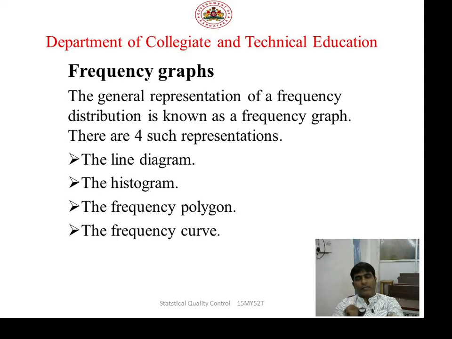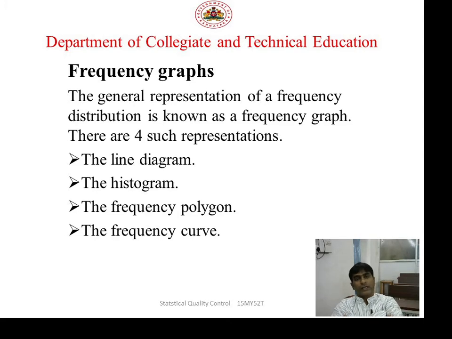The line will be erected from 2.5 to a height equal to the frequency of that group. If the frequency of the group is 10, the height of that line will be 10 centimeters. So we have lines erected from the class midpoint up to the frequency of that class. That is the line diagram.